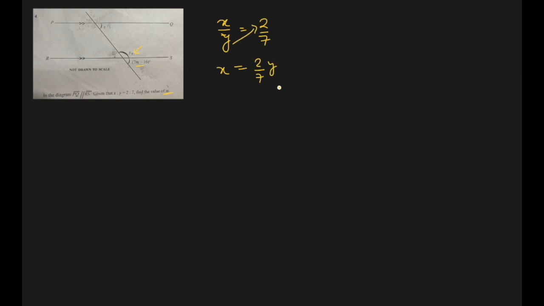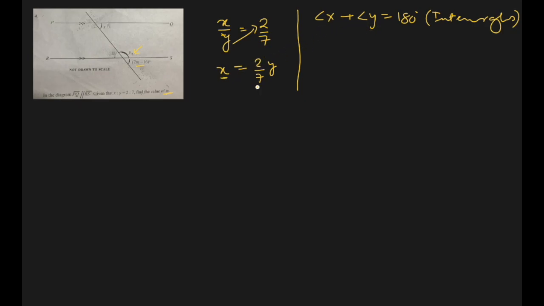Now angle X plus angle Y will be 180 degrees because they are interior angles when two parallel lines are cut by a transversal line, and that's what we're going to do now.